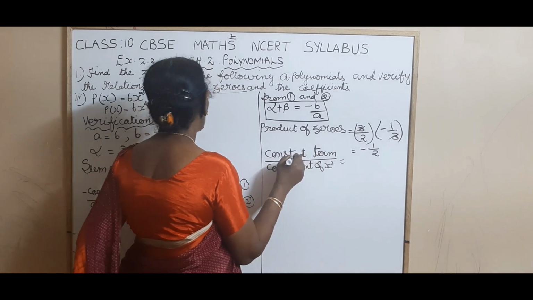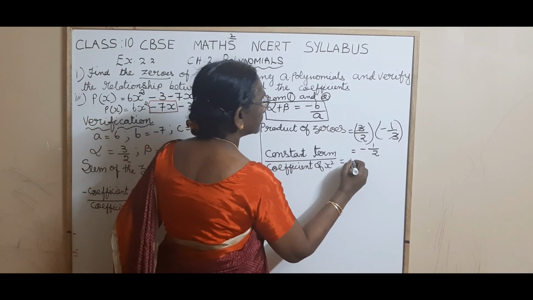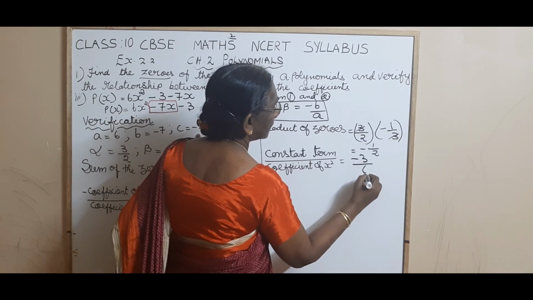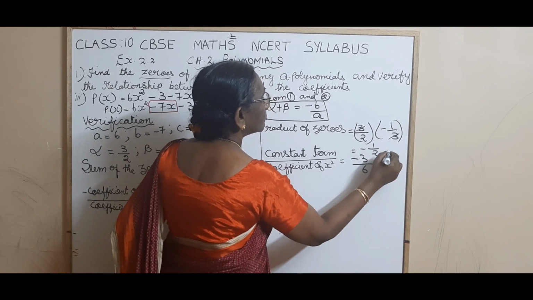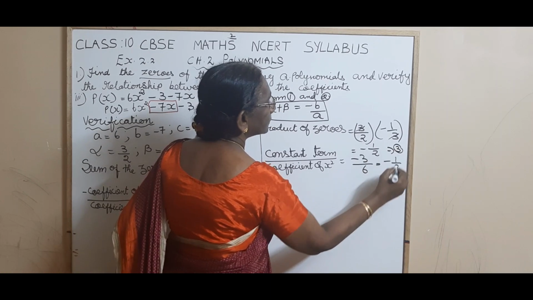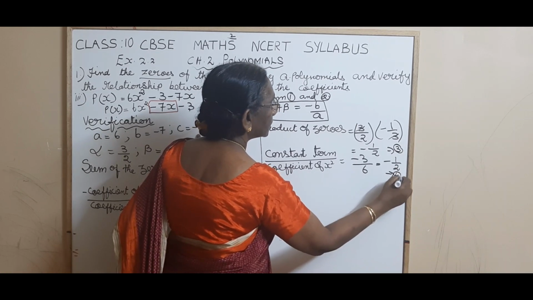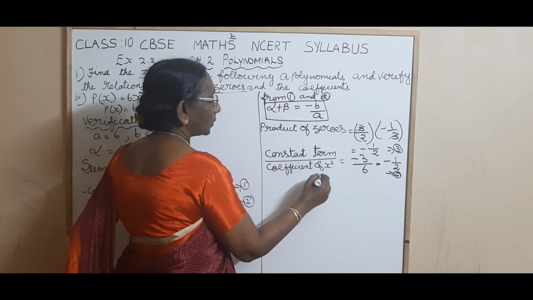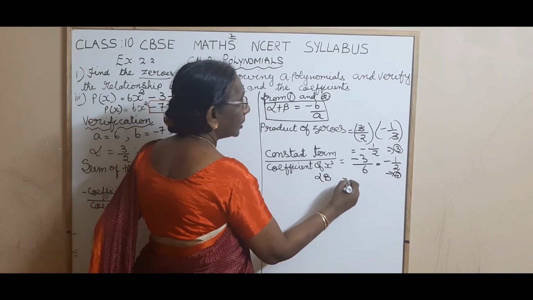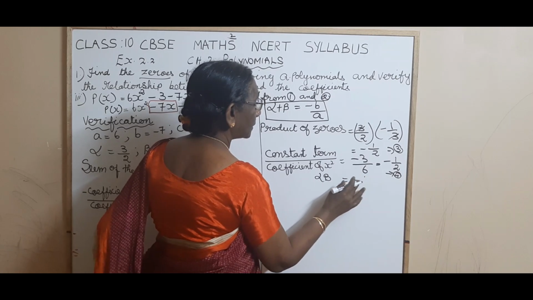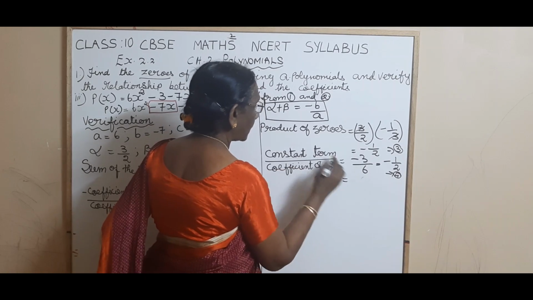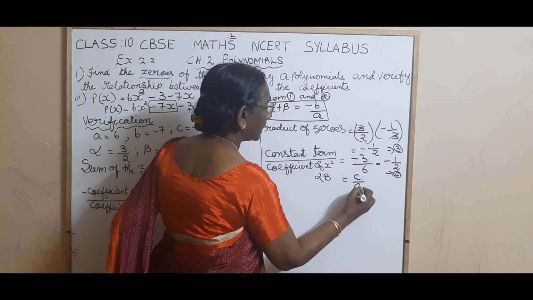What is the constant term we have? Minus 3. a is equal to 6. So what do you have? Minus 1 by 2. So name this as 3. Name this as 4. So this is what? Alpha beta is equal to, not minus, constant term c by a.